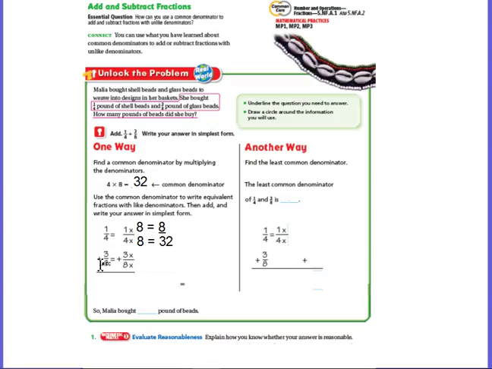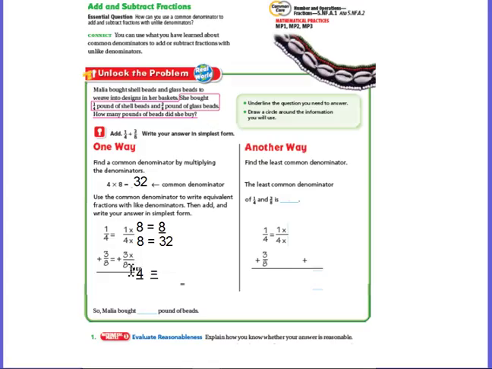So let's go to the bottom part of it, and I know that, what did I take 8 times to get to 32? 8 times 4 equals 32.